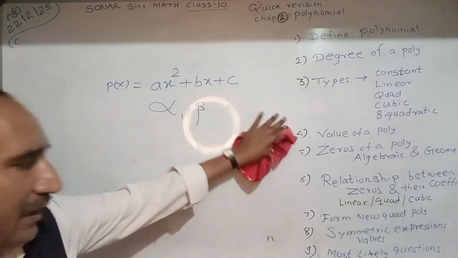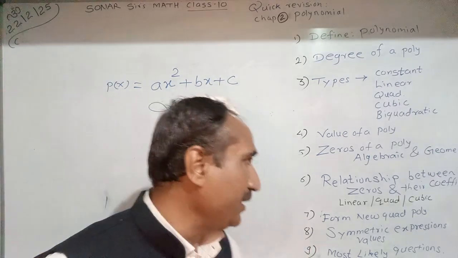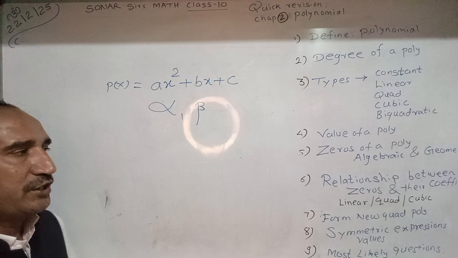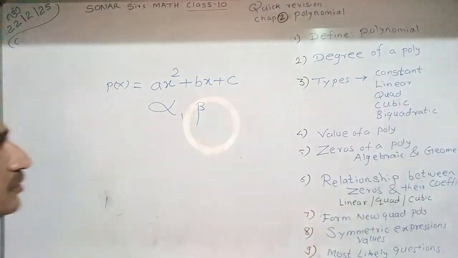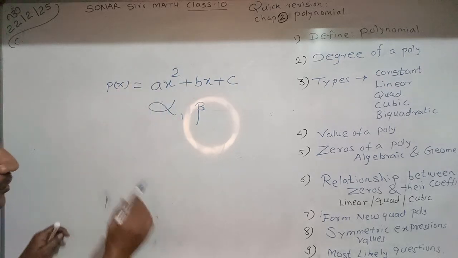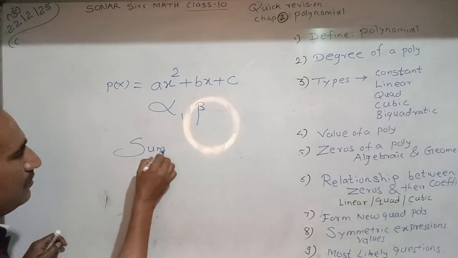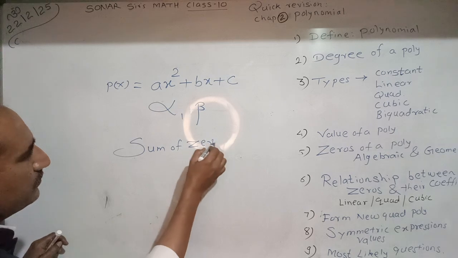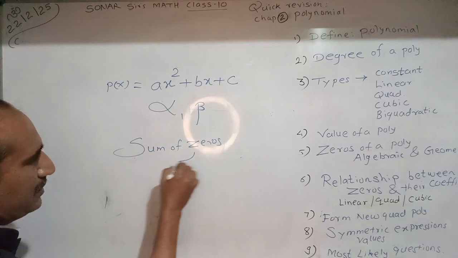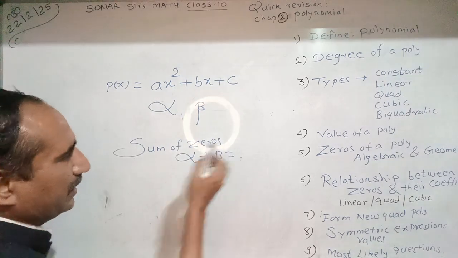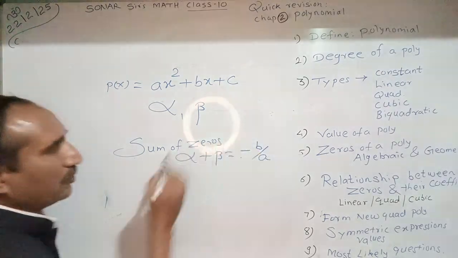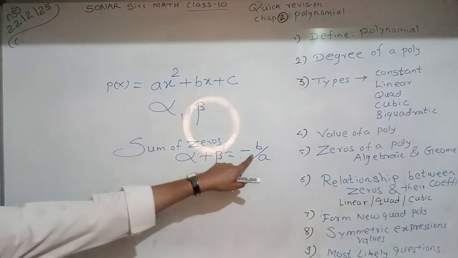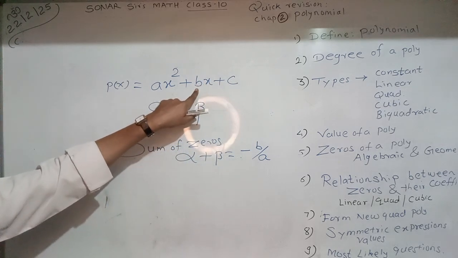So, what is the relationship between the zeros of a polynomial? There is a separate derivation, but we need to discuss only the relationship. So, if alpha, beta are the zeros of the polynomial, then the sum of zeros, that is alpha plus beta, is equal to minus b upon a. So what is b? B is the coefficient of x.